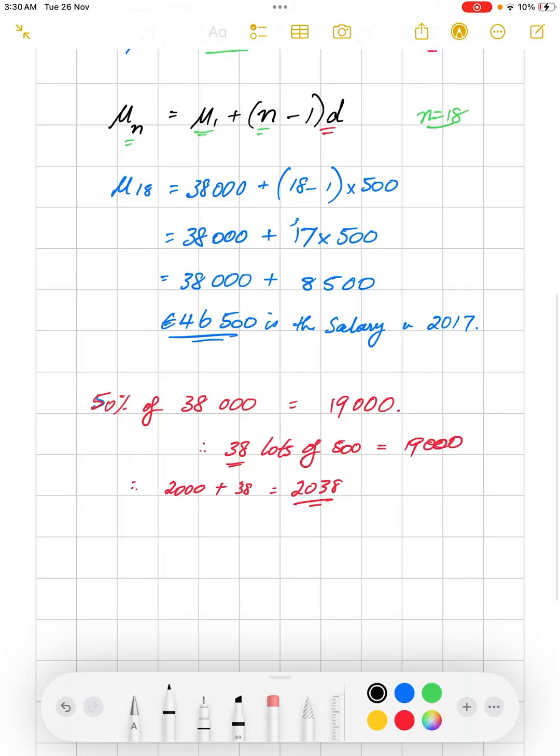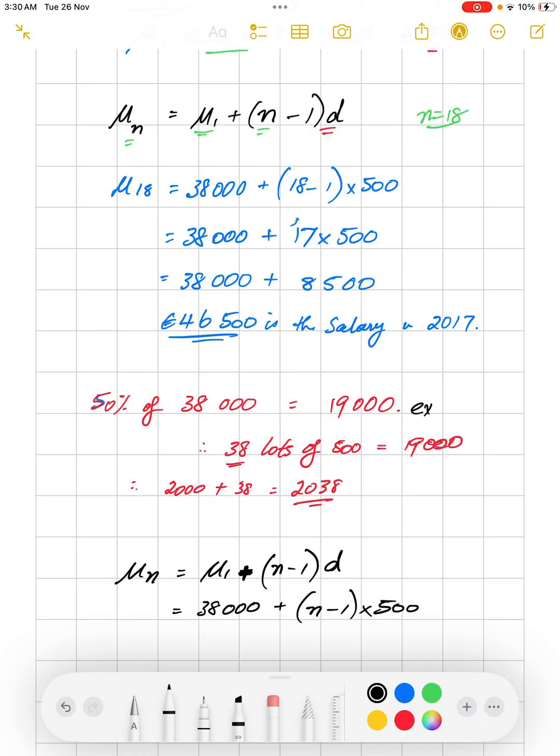The other way is to use the formula: what n value, and we want first term plus n minus 1 d's. We know that we've got 38,000 to start with, and what n value, if you get 500 every year, will take you to the value of that 19,000 extra, and 19,000 extra means 38,000 plus 19,000.